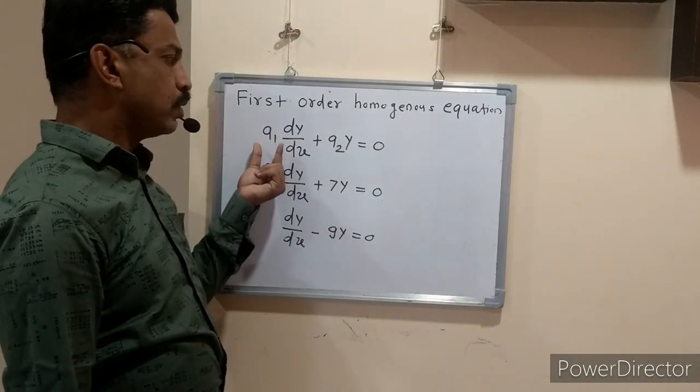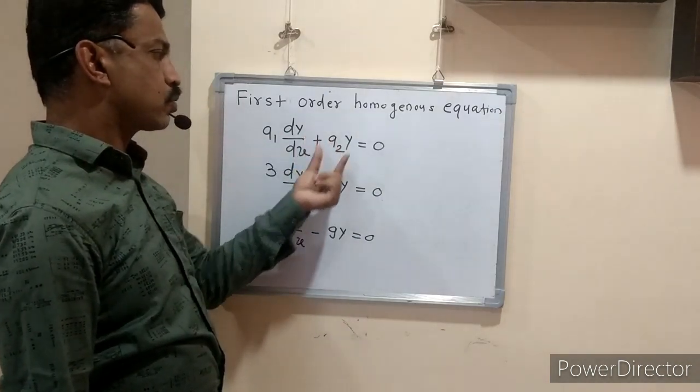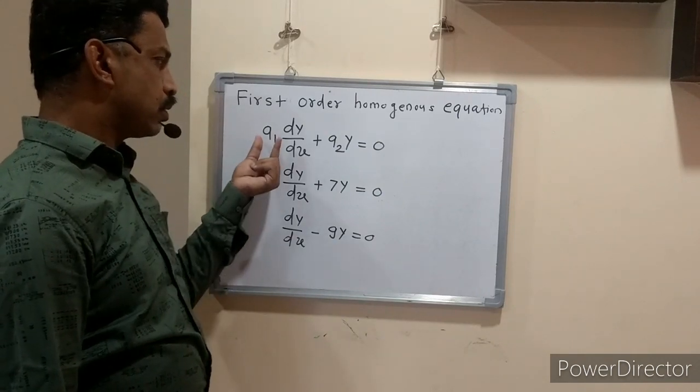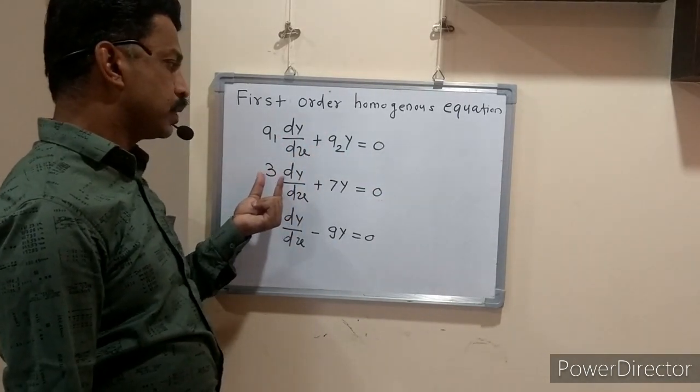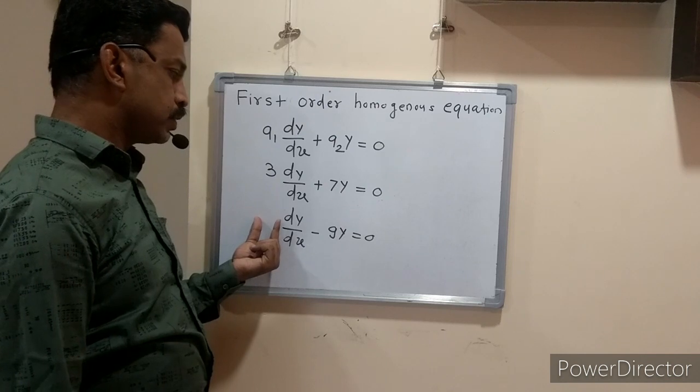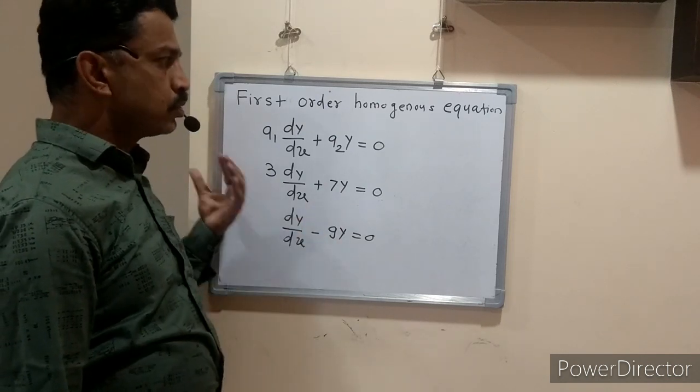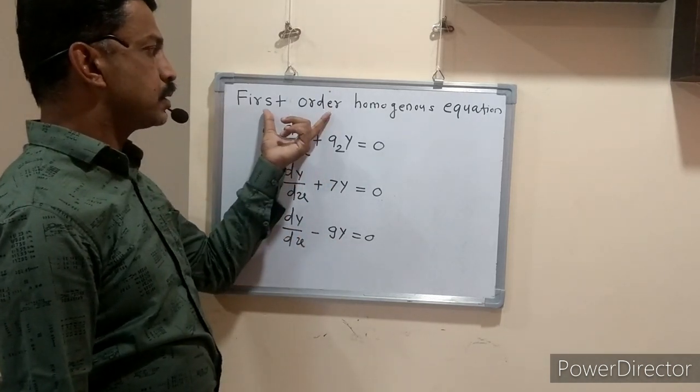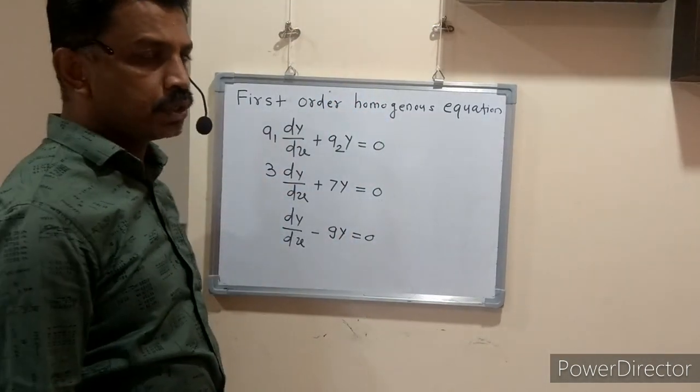Such coefficients are known as constant coefficients. Instead of a1 and a2 we can write any number: 3, 7, here no number means 1, here it is minus 9. In this way we can easily understand the first order homogeneous equation.